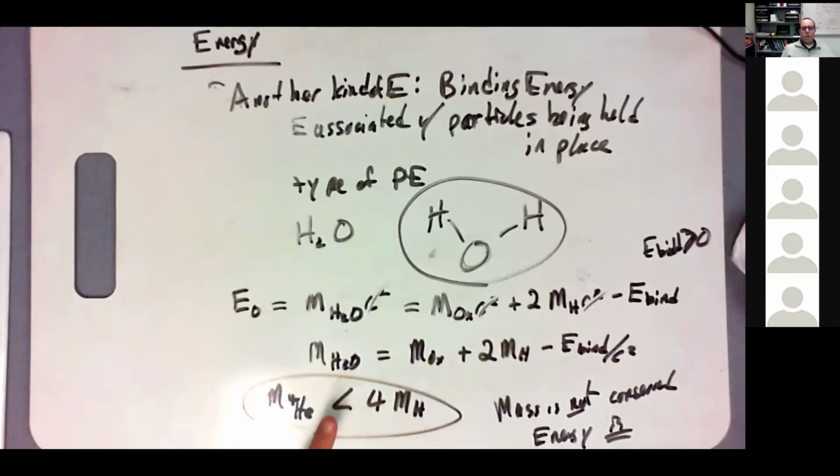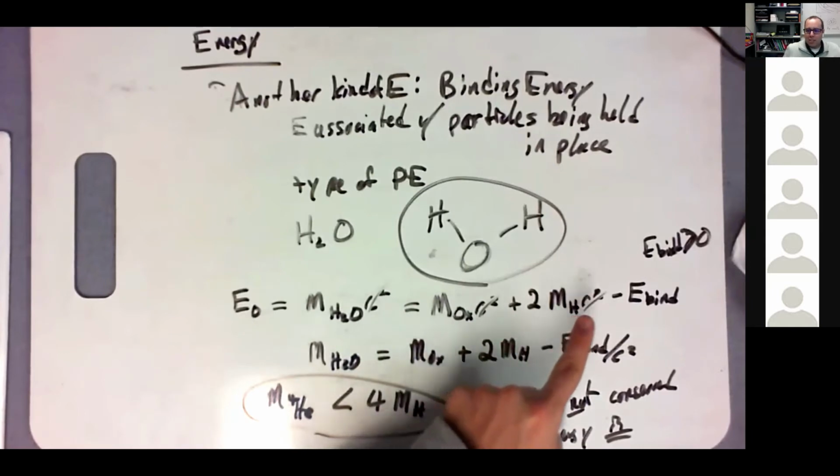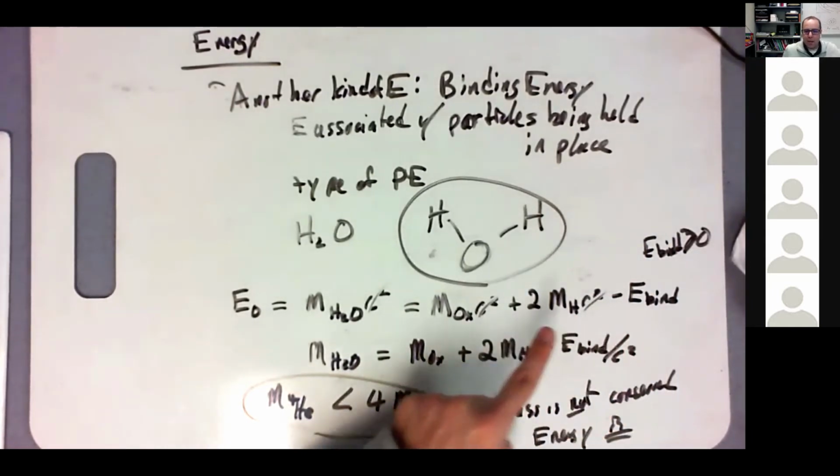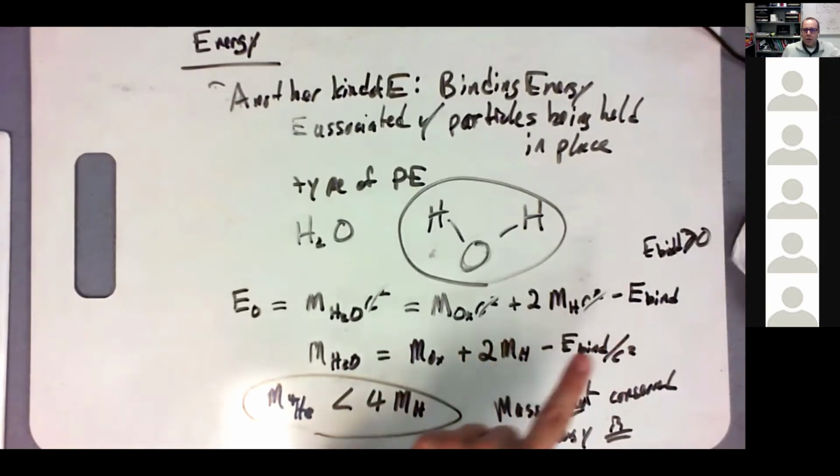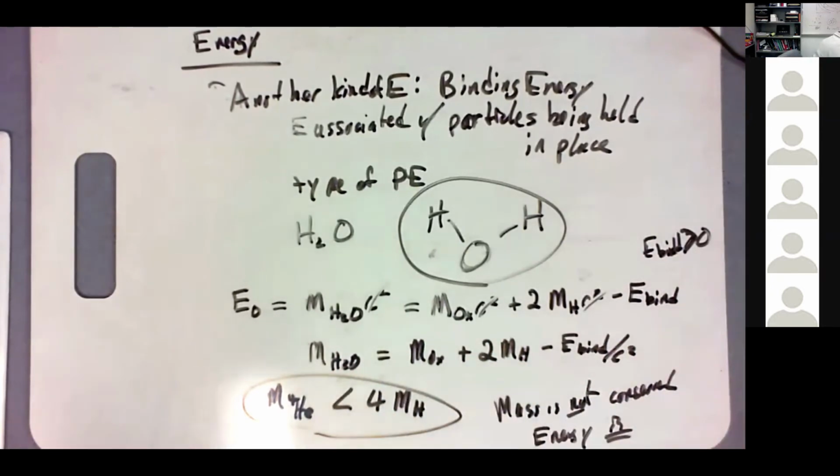Okay, so there are some problems in the homework assignment that will ask you to figure out what these binding energies are, or maybe some differences in masses, and this is the way you're going to go about doing it. Okay.